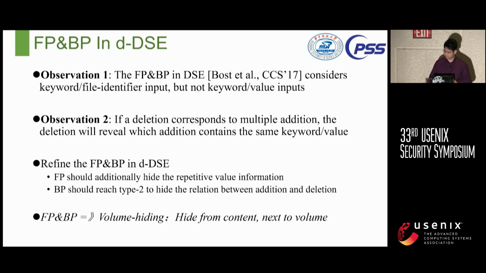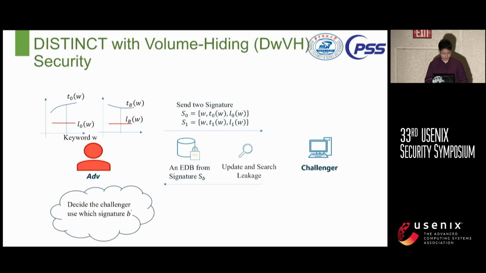Besides, the forward and backward policy just hide the content from the repetitive ones, and we need another security notion to hide the countermeasure from the forward and backward policy. So we define a new security notion called distinct volume security.